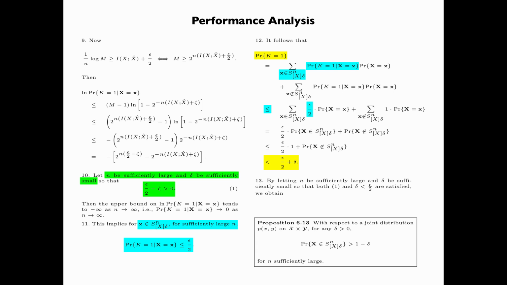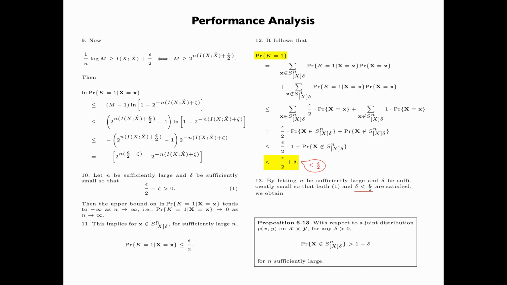At the same time, we let delta be sufficiently small so that delta is less than epsilon over 2. And so we obtain the probability that K is equal to 1 is less than epsilon.